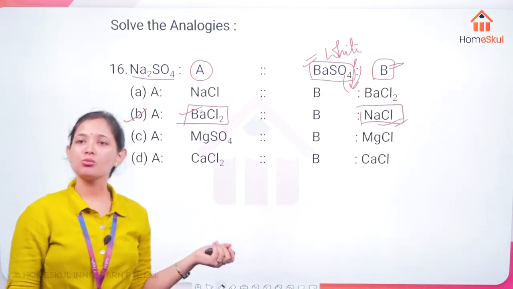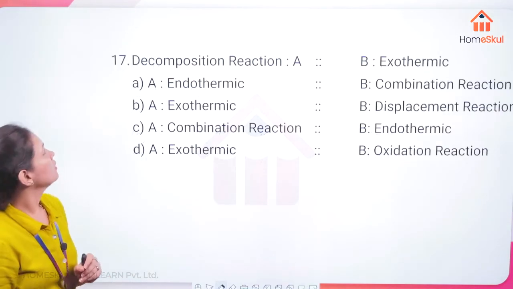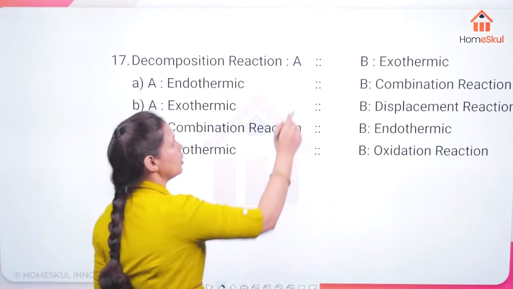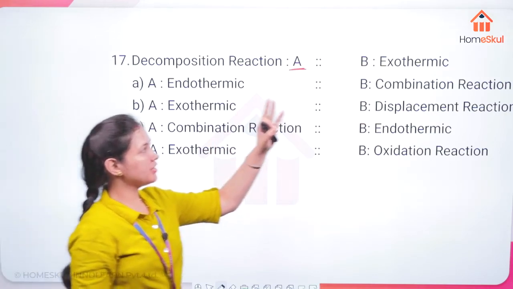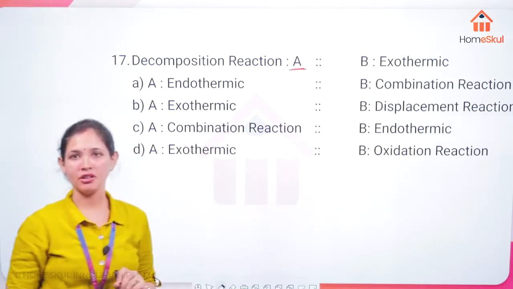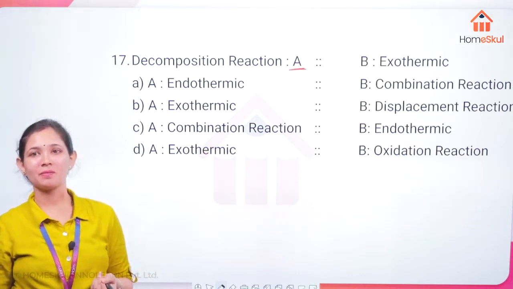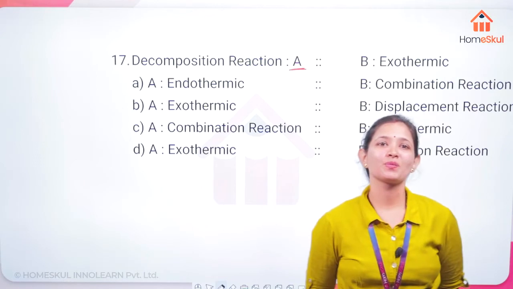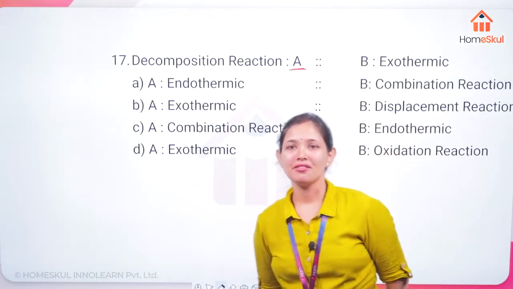Okay, now we are going to move on to the next question. Decomposition reaction. You have to identify what A is, and here is B, which is exothermic. You have to see what A is and what B is. Yes, very correct.